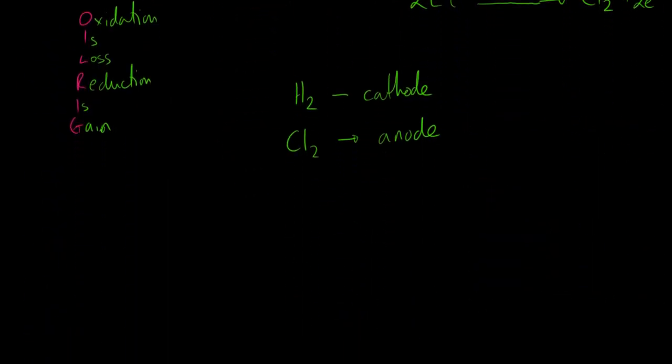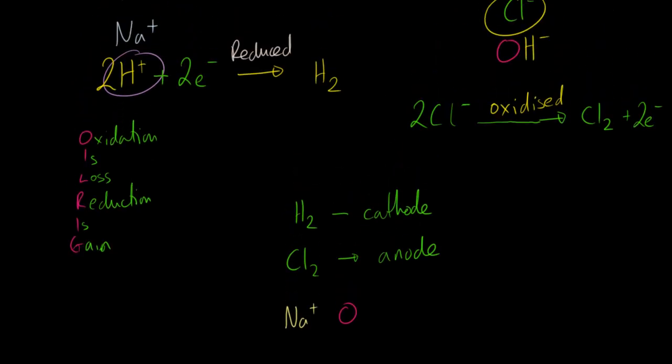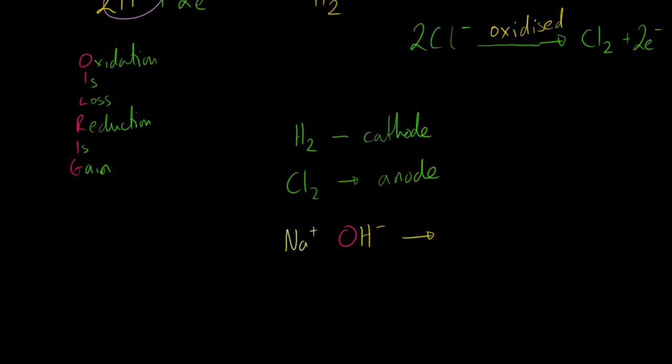Well, you are going to see the sodium ions and the hydroxide ions floating around. So that is essentially going to be sodium hydroxide. So when you do this reaction, what's left in your beaker will get increasingly alkaline because sodium hydroxide is an alkali.